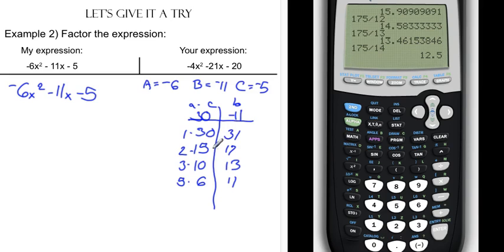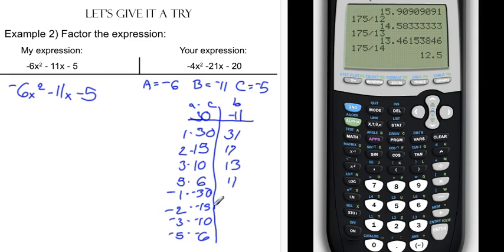And the reason is we missed some factors. So it's not just 1 times 30 that'll multiply to 30. It's also negative 1 times negative 30. A negative times a negative is a positive. Or I can do negative 2 times negative 15, or negative 3 times negative 10, or negative 5 times negative 6.